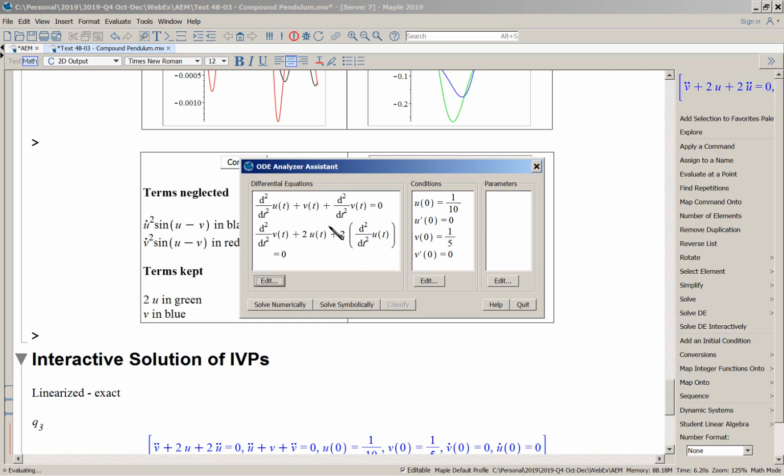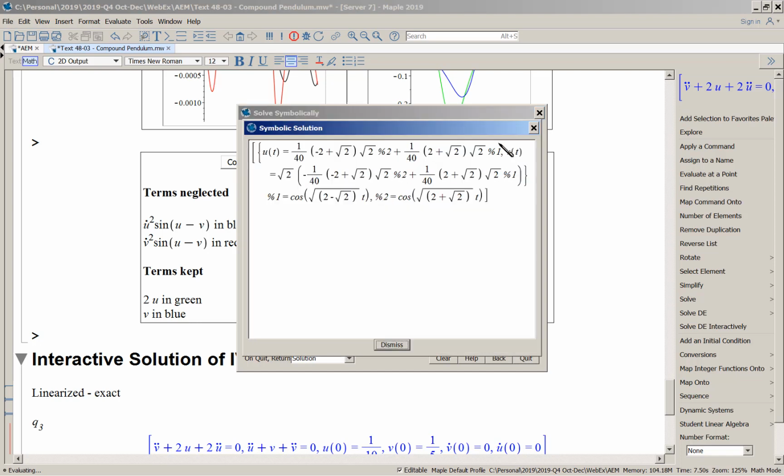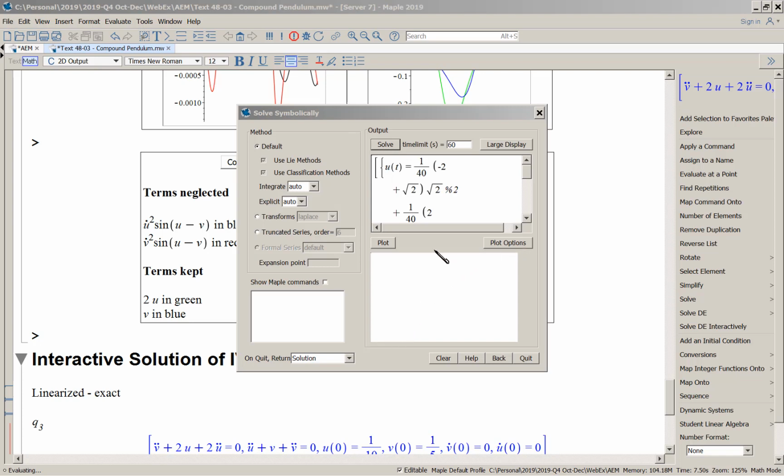Here's the system of differential equations. Here are the initial conditions. And this system can actually be solved symbolically. And we did so. And we can do it point and click. So this is what the solution looks like in a large window. This is what it looks like if we draw the graph. That's one of the functions.